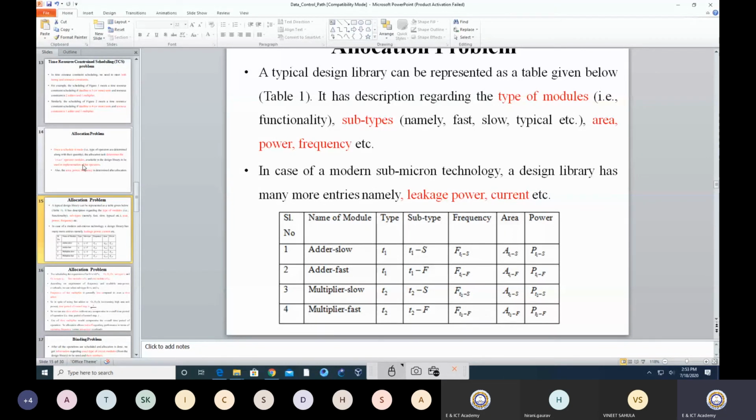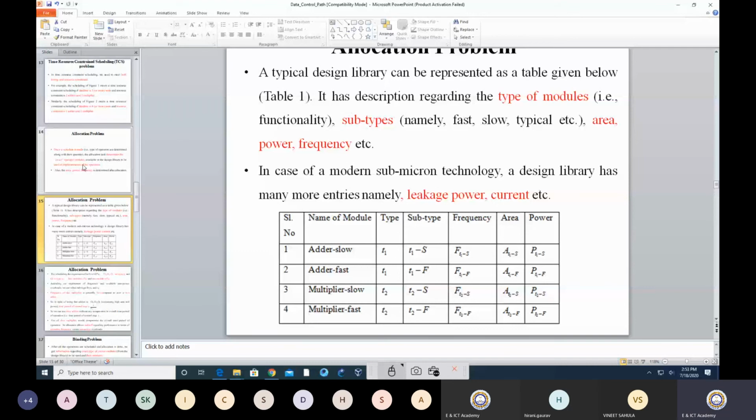Now the next 3 columns are important. Along with this adder and multiplier, which are in the categories of slowest and fastest, I can have a frequency, area and power. So capital F subscript T1S means the frequency of my slowest adder. F subscript T1F means the frequency of my fastest adder.